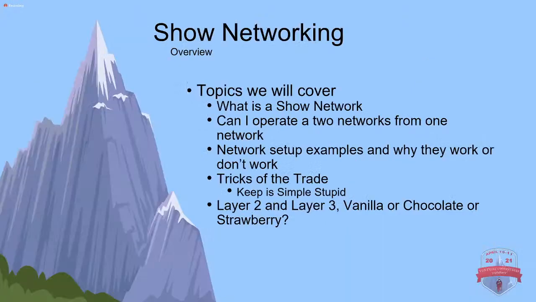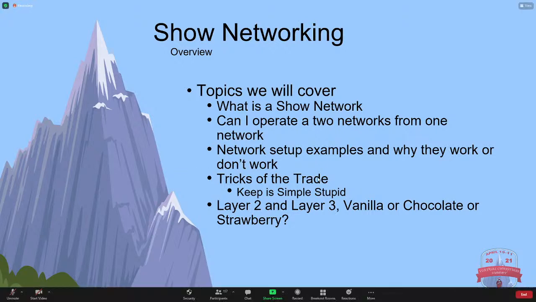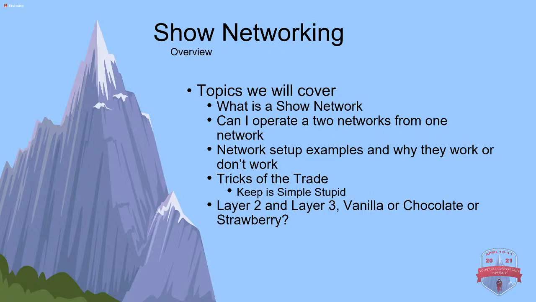Topics that we'll cover: what's a show network? What are the basics of a network? Can you operate 2 networks from 1 network? Some network examples, tricks of the trade. And then we'll talk a lot about layer 1, 2, and 3. Layer 1 is physical, layer 2 is basically the switch level, and layer 3 is the routing level.